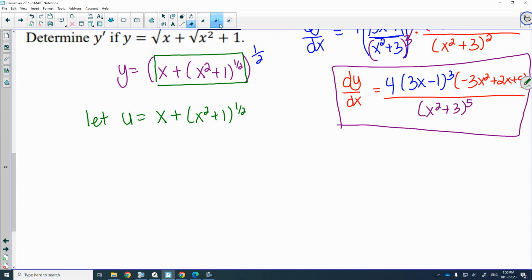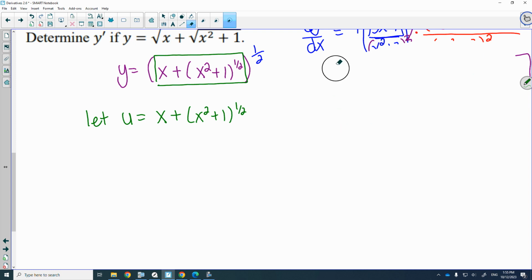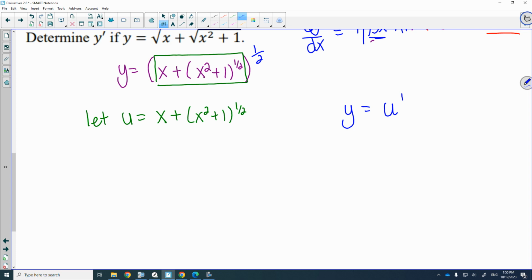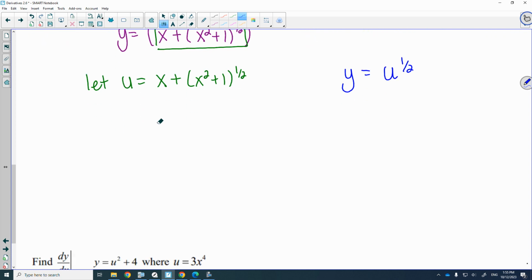Okay, if that's what u is, write down what y would then be equal to. So y is equal to u to the 1/2. I'm just taking this whole thing and letting that be equal to u. Okay, let's differentiate this function.